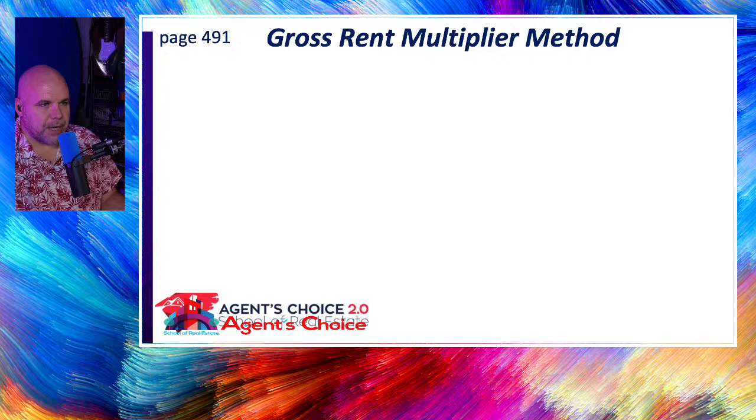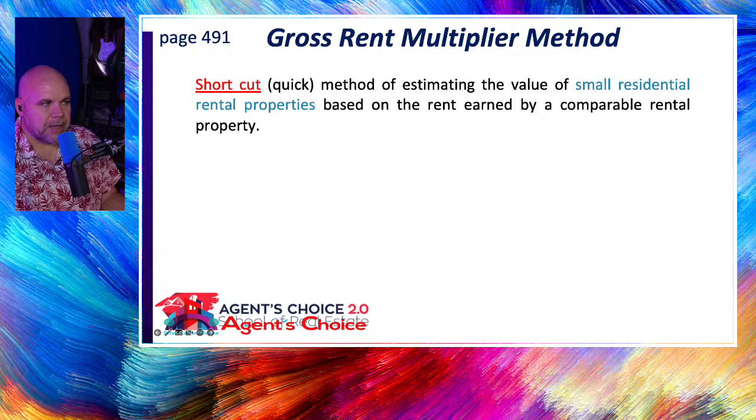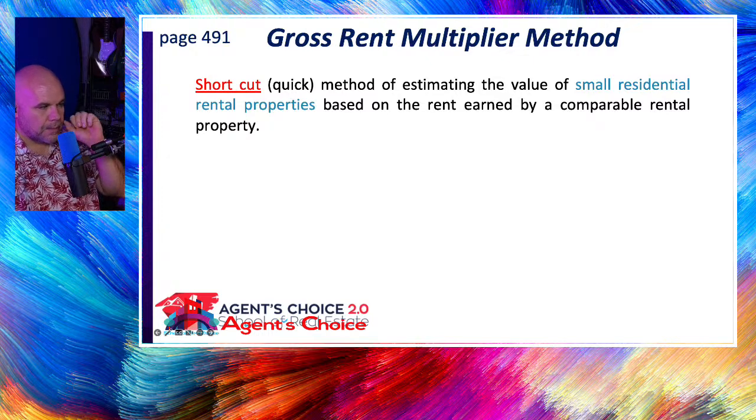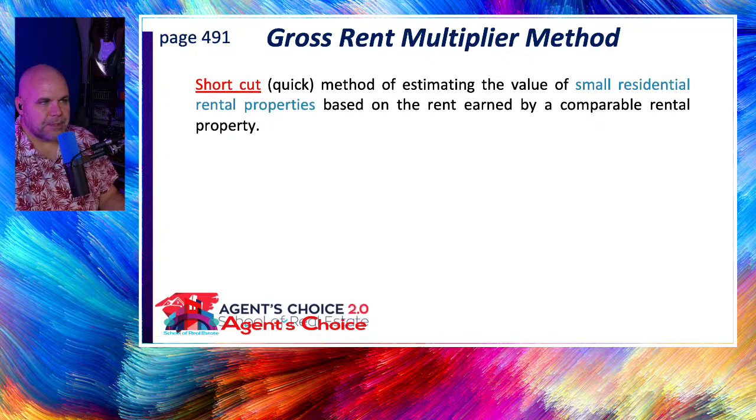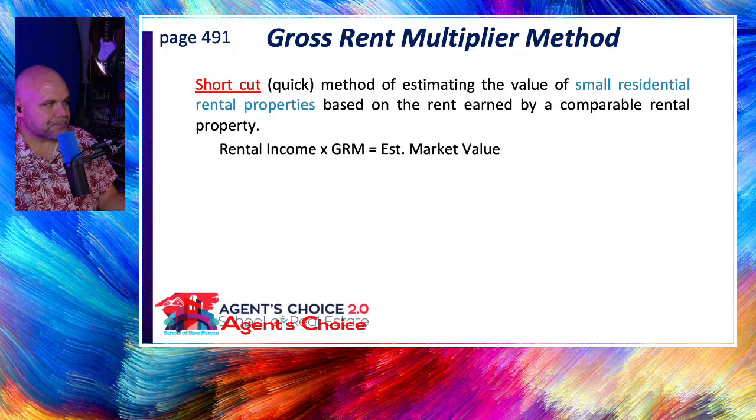You're out there looking for possible small residential rental income properties, and you just kind of want to know, are they asking something that's reasonable? You're using the rent that they make and a multiplier, sort of like the cap rate, but it's called the GRM, the gross rent multiplier method. The gross rent multiplier, I should say.